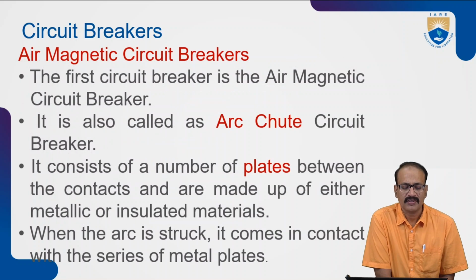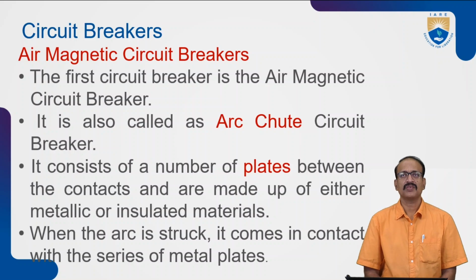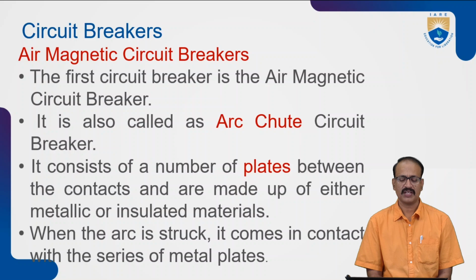So the air magnetic circuit breaker is the first type among the air circuit breakers. Air circuit breakers are of two types, air magnetic and air blast. It is also called the arc chute circuit breaker.